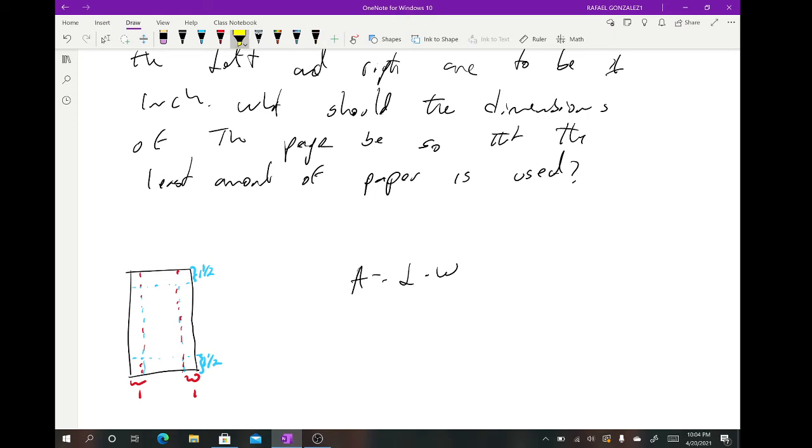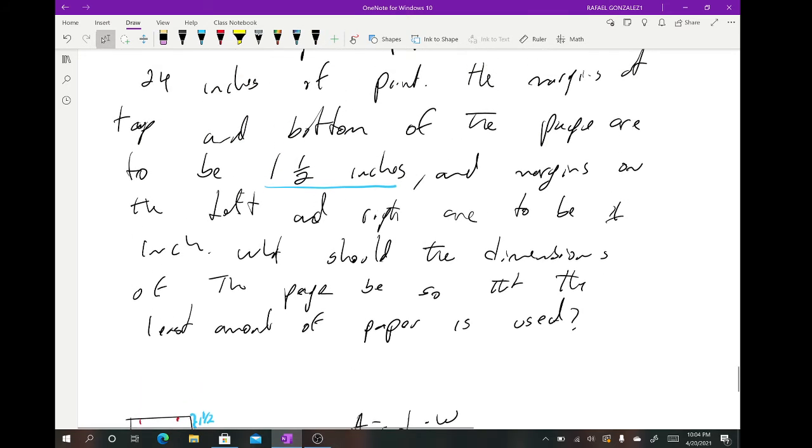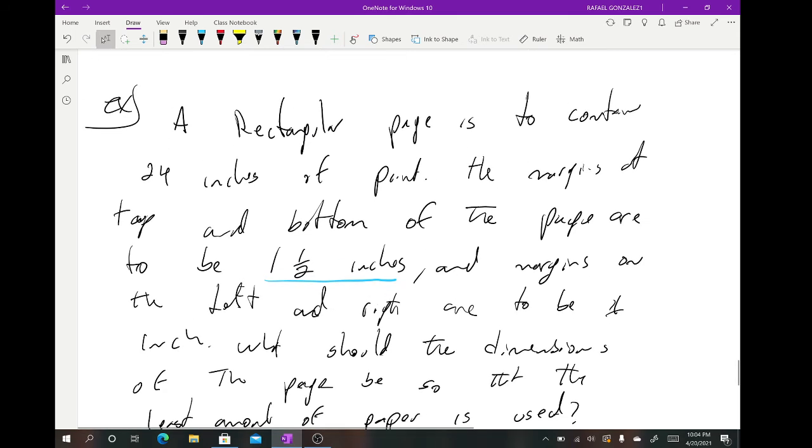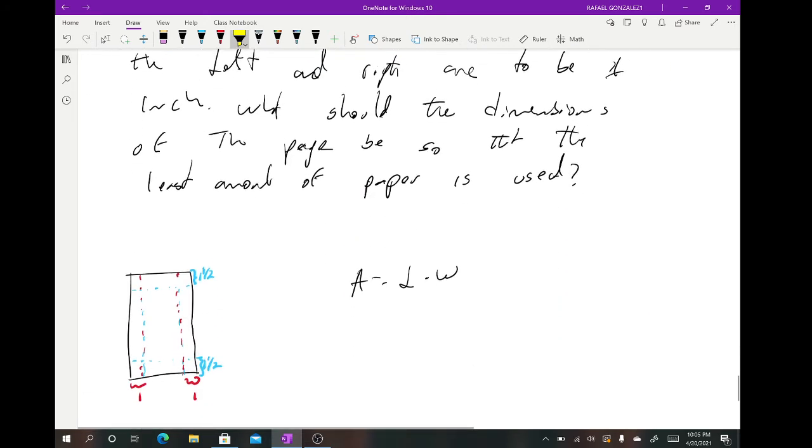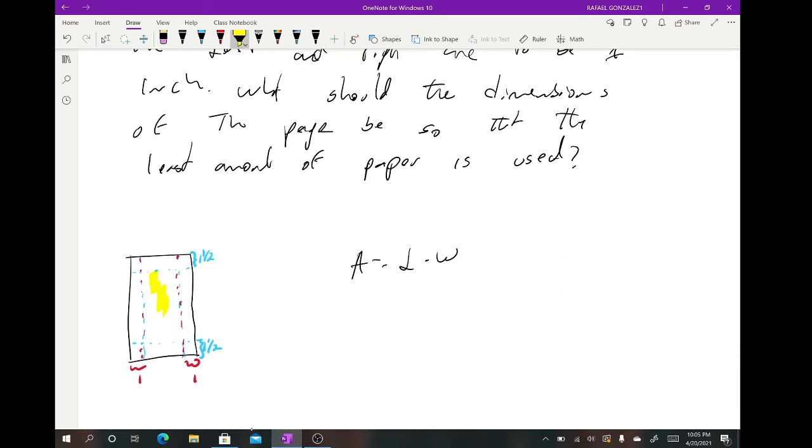The rectangular page is to contain 24 inches of print. That 24 inches of print is what's going to be on this inside. So we really have two rectangles working here, an inner one and an outer one.